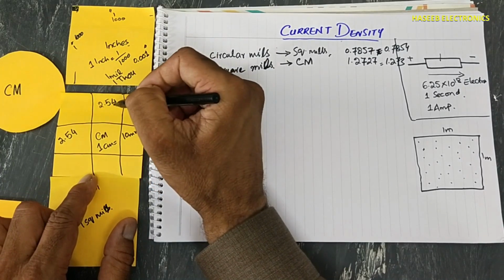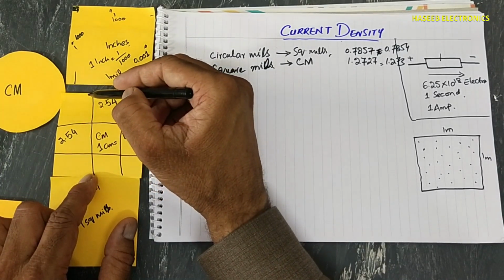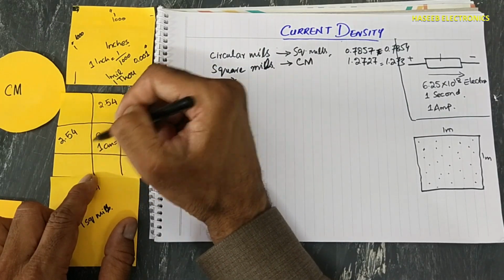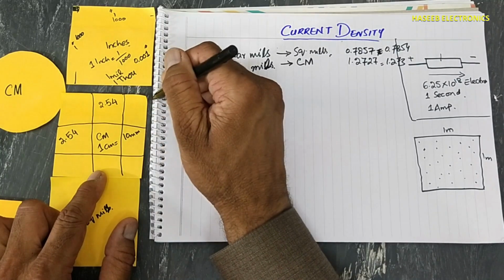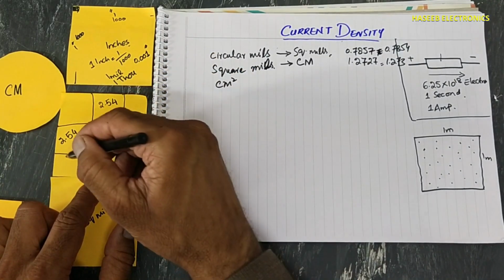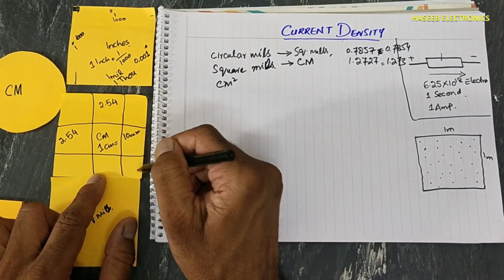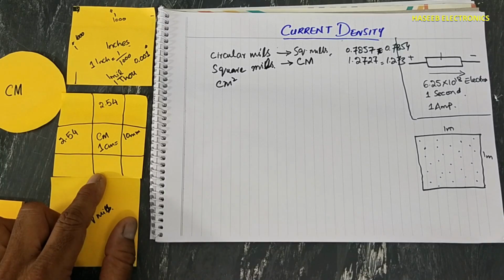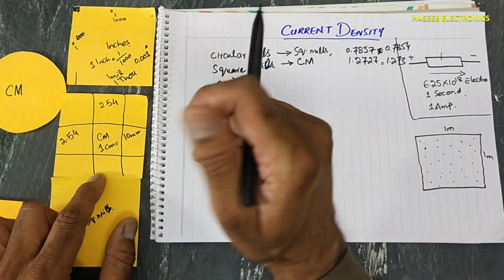One centimeter square is 1 by 1. Then this one is 1.54, and here 1.54, and 0.54 by 0.54. So this is the area equivalent to 1 inch area.